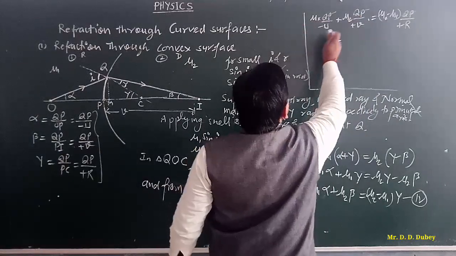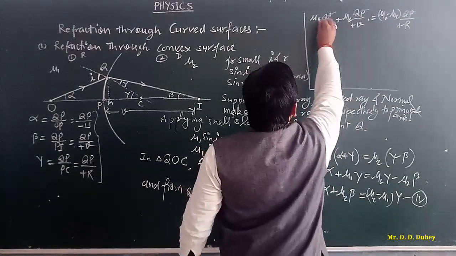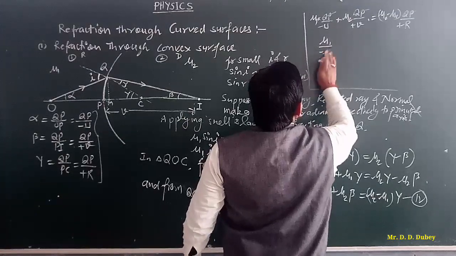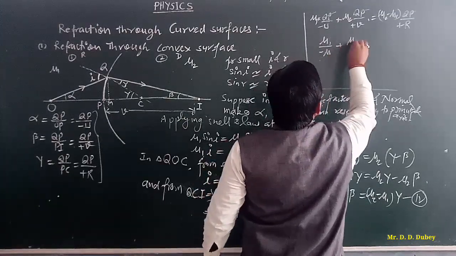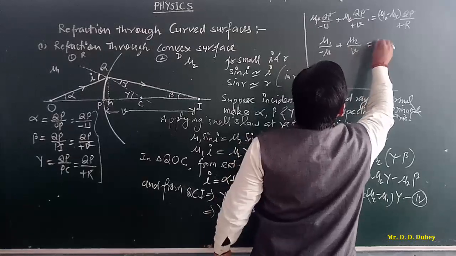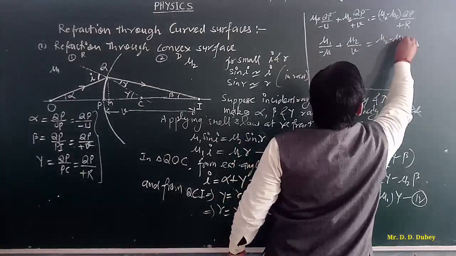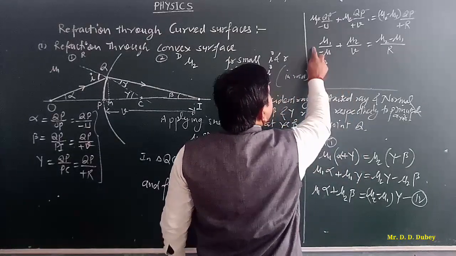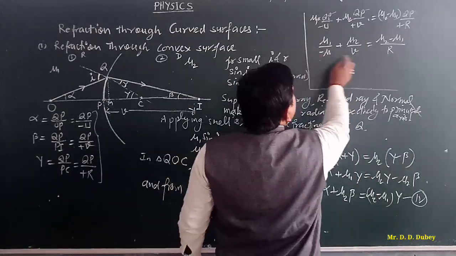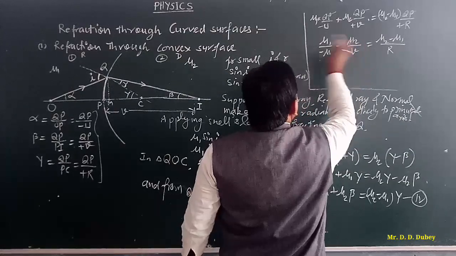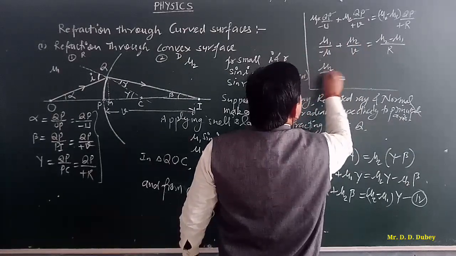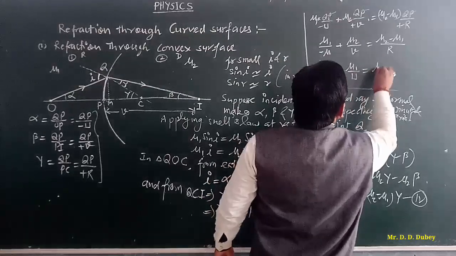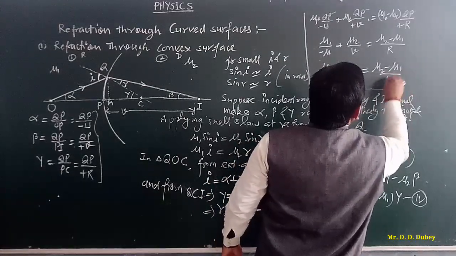So we get mu1 by minus U plus mu2 by V is equal to mu2 minus mu1 by R. This term has a negative sign, so we put this term as a second term: mu2 by V minus mu1 by U is equal to mu2 minus mu1 by R.